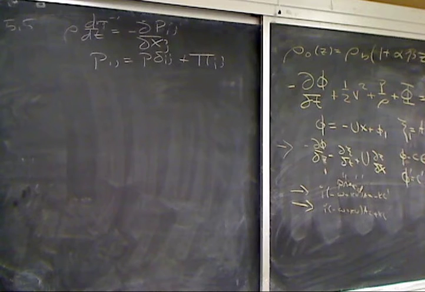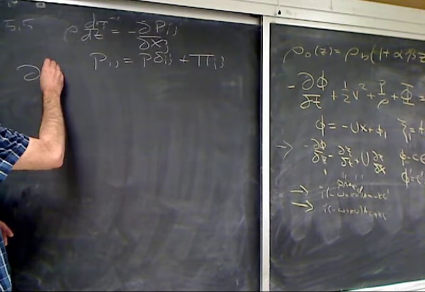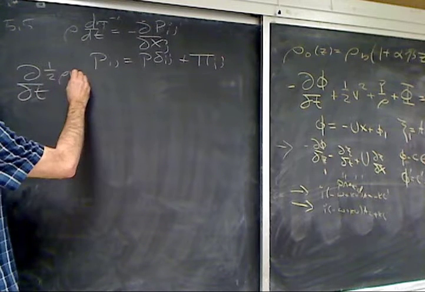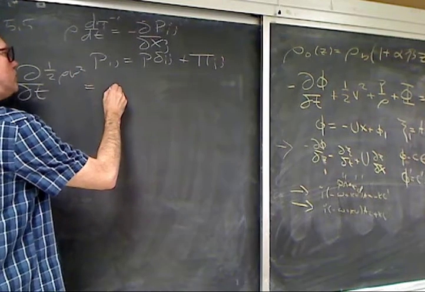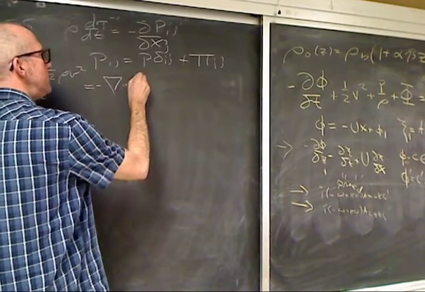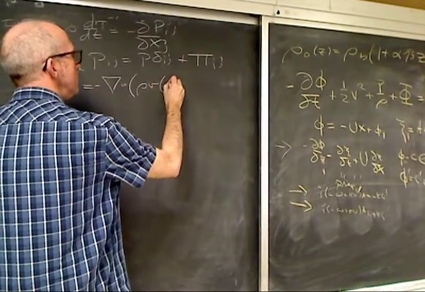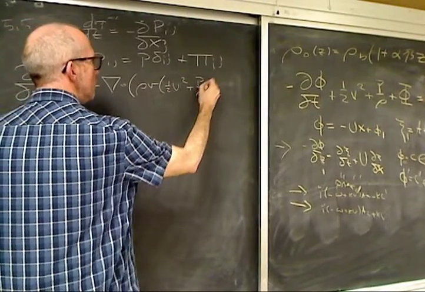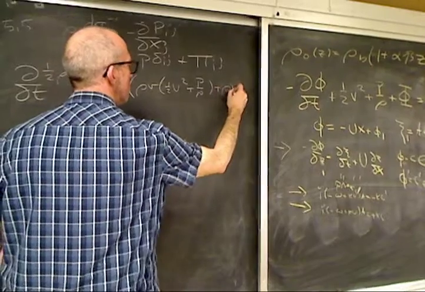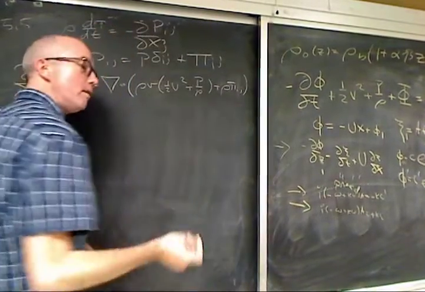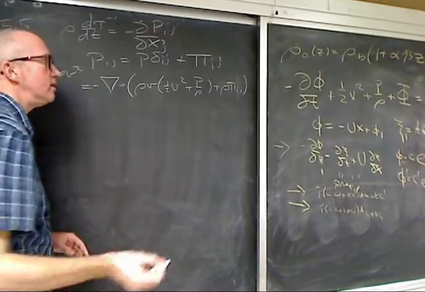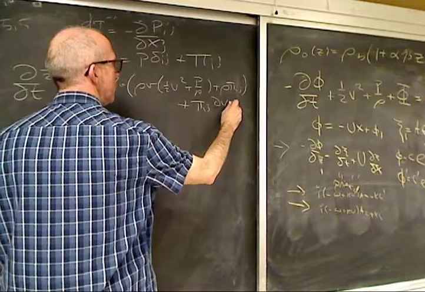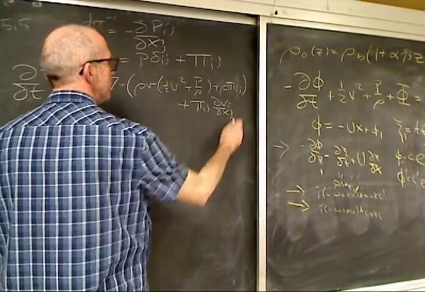And so what it wants you to show is that the time derivative of 1/2 rho v squared is equal to what? Minus div of rho v times (1/2 v squared plus P over rho plus pi_ij), all that business inside the div, plus pi_ij dv_i dx_j.